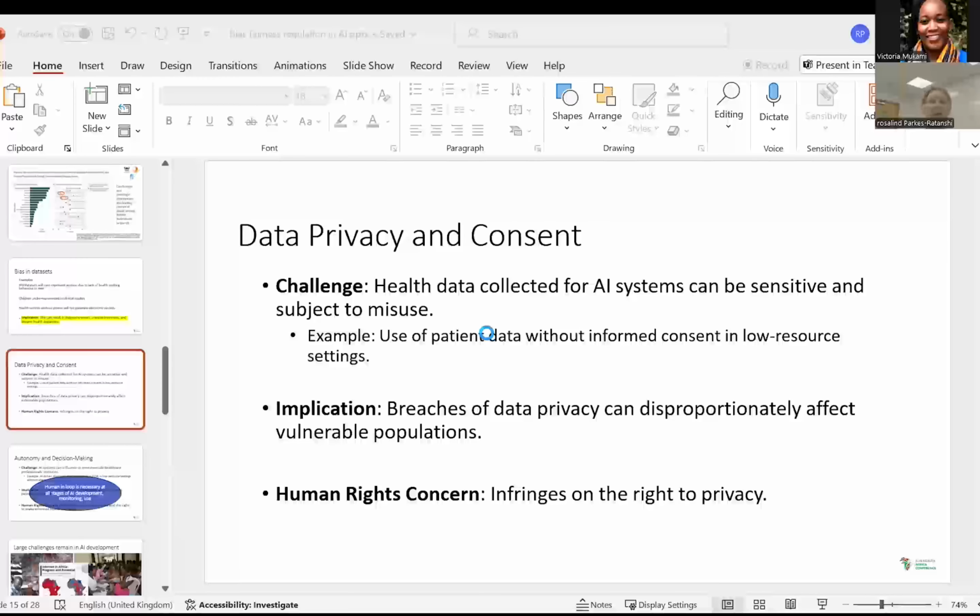And in low resource settings, people are not really aware of how they should keep their data private. And people are not really aware of the importance of giving consent, of taking consent, of how to share their data. And vulnerable populations are even more at risk, maybe because they have low literacy levels, maybe they have trust in the medical system, maybe they're just wanting the money.